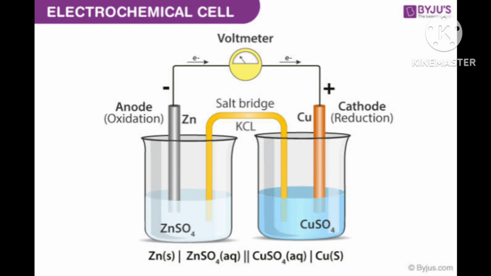Both have different potential, not equal. Anode side more, cathode side less. Then what is the difference between the two potentials? That is called electrode potential, or cell potential.